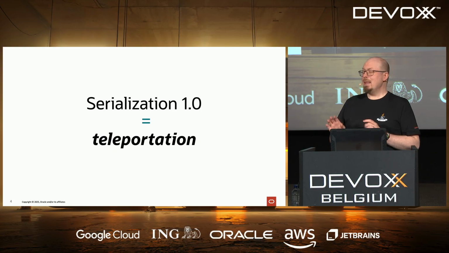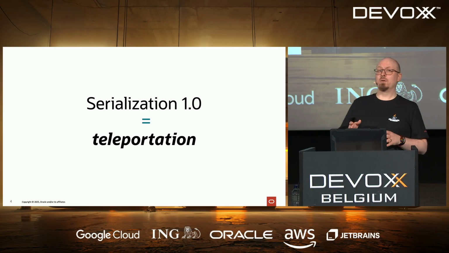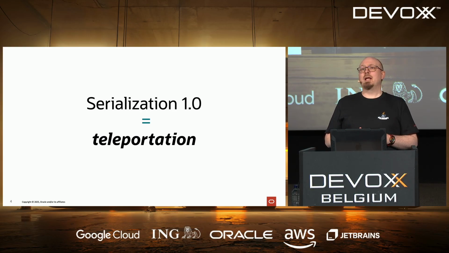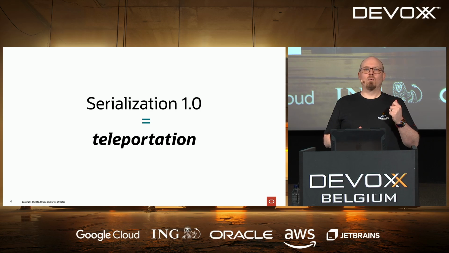And at the time when this feature was created, serialization 1.0 that is, I don't think anybody knew what kind of implications it would have. So every single feature, be it in the language or in the JDK, over the last 30 years, has had to be able to answer the question, what about serialization?